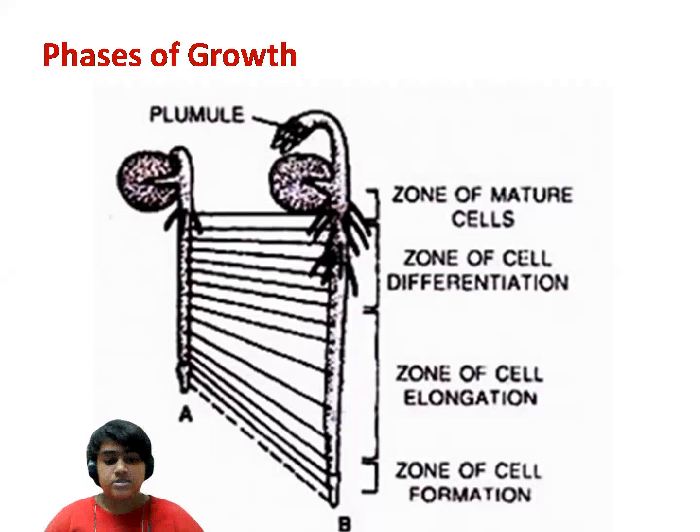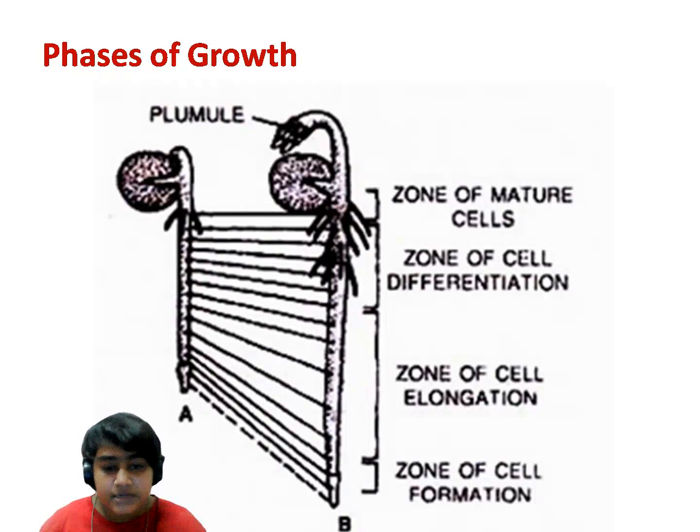This zone is known as your zone of cell division. Usually in plants, the meristematic region is at the tips, that is at the tip of the shoot as well as at the tip of the root. Here in this case, we can see that the meristematic zone is at the tip of the root. Now after that, we can see the zone of cell elongation.